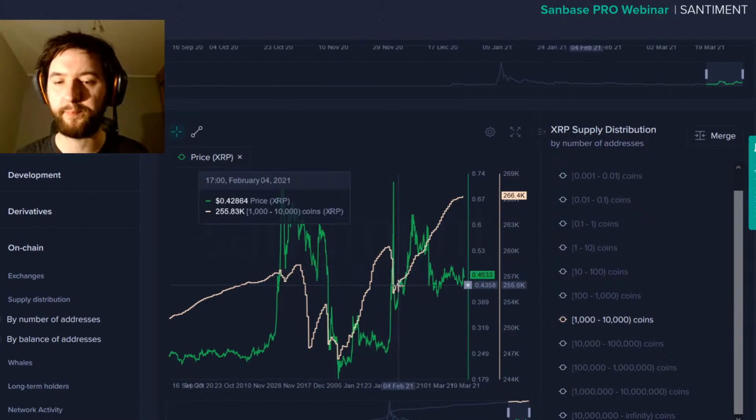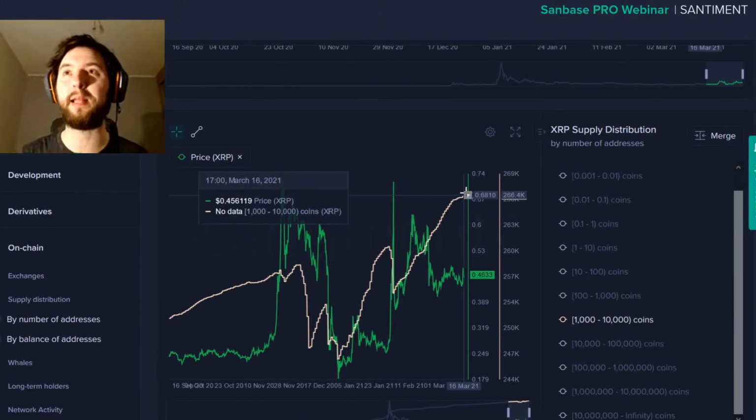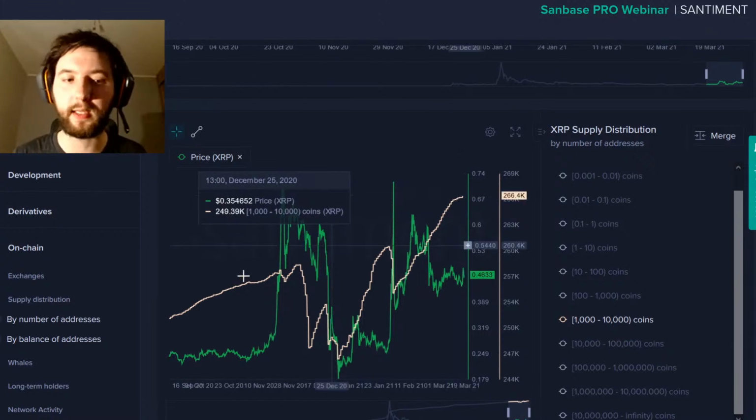So it goes from 255K all the way up to 266K today, right? So it's basically just, okay, is this particular group of holders rising in terms of numbers, or is it declining? Which can in and of itself be a pretty important thing to look at.